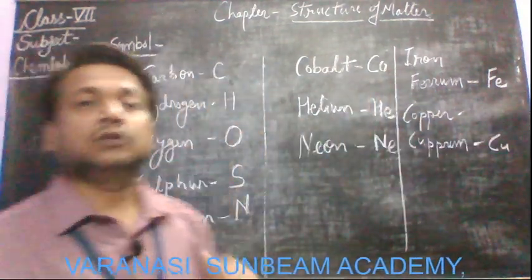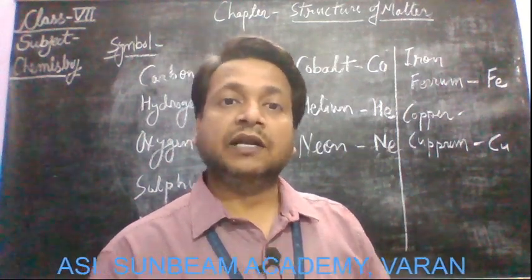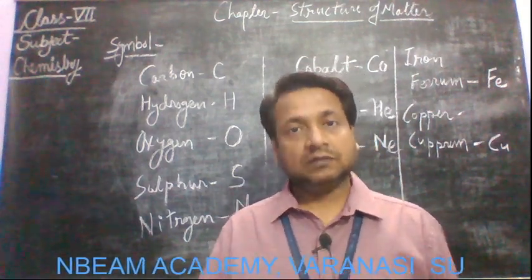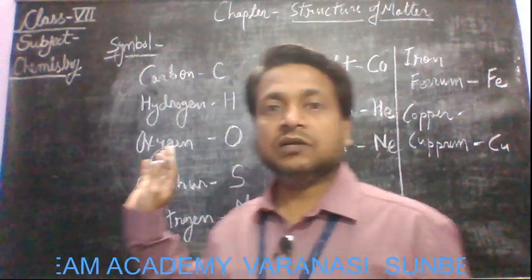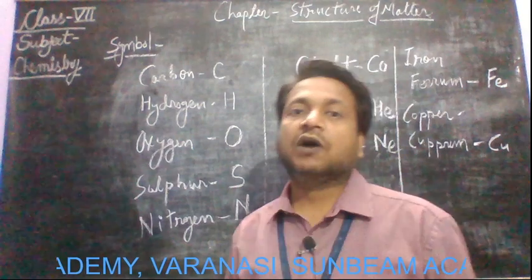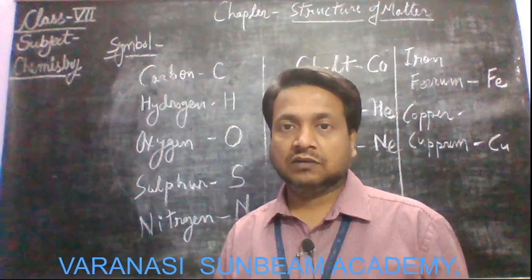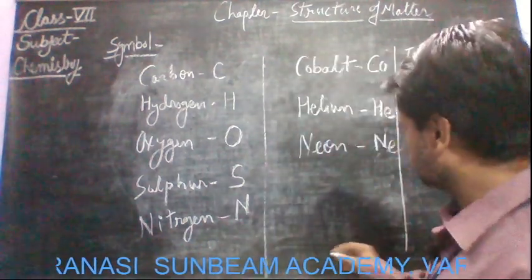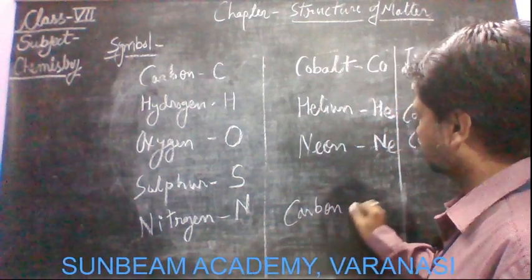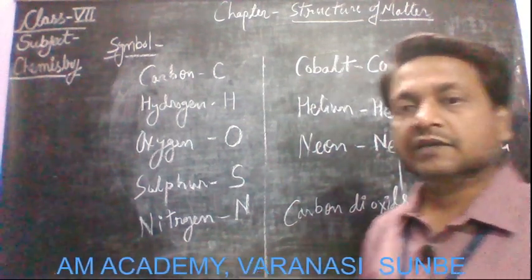These all are the symbols used to denote all the elements which are known, and a formula is also the indication or representation of the symbols in which the different elements found in that formula are denoted by using their symbol, like the formula of carbon dioxide.